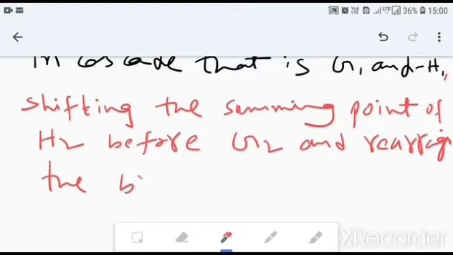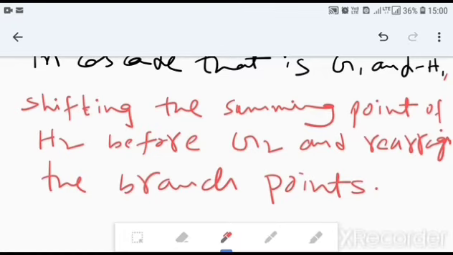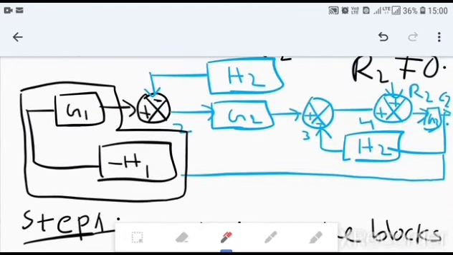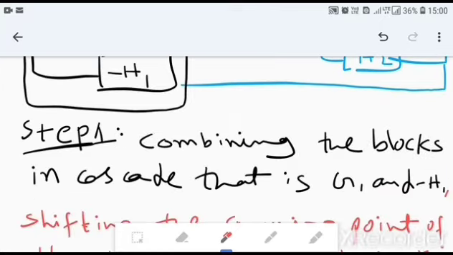This is the step. So what we are going to do here is that summing point 3 will be shifted before G2.